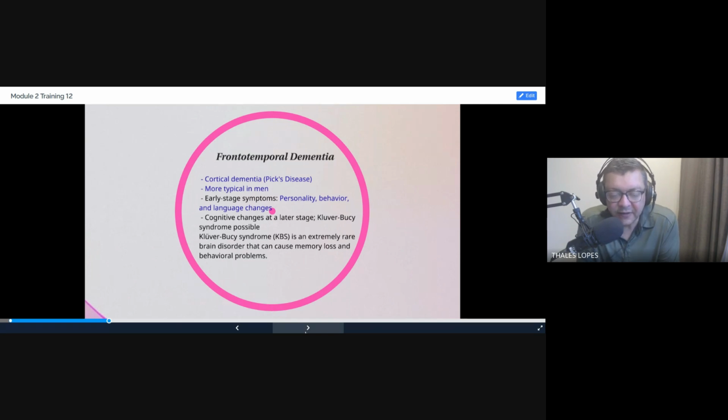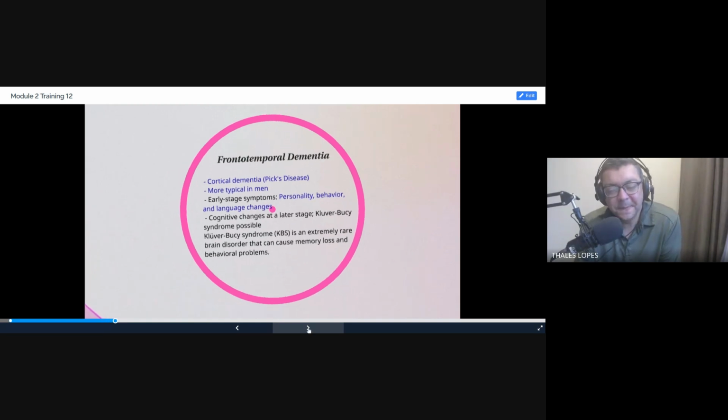There is a case of a doctor's son that had this, and no one could figure out what it was until he really figured out this was Klüver-Bucy syndrome. They sleep a lot. They will sleep for hours and hours, sometimes days, and then wake up super hungry and go back to sleep. It's pretty fascinating.